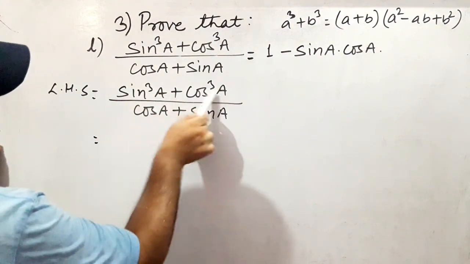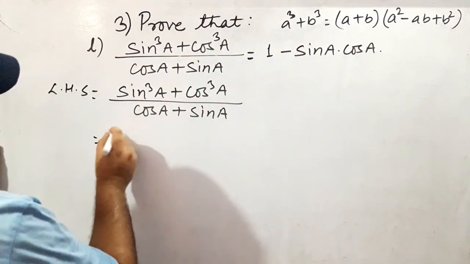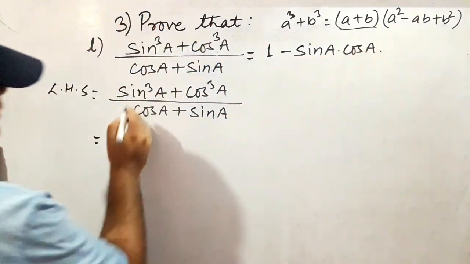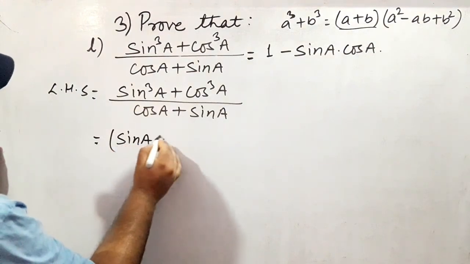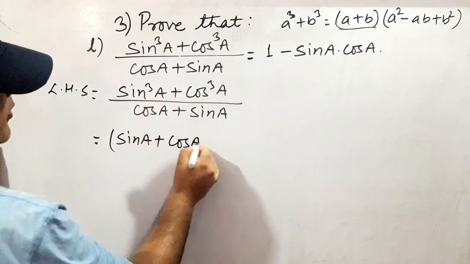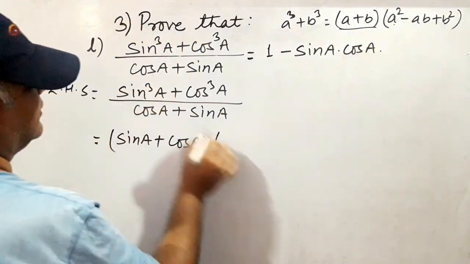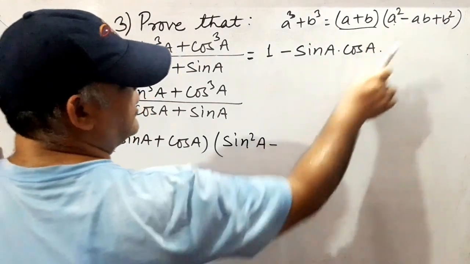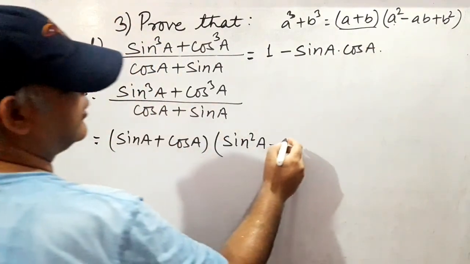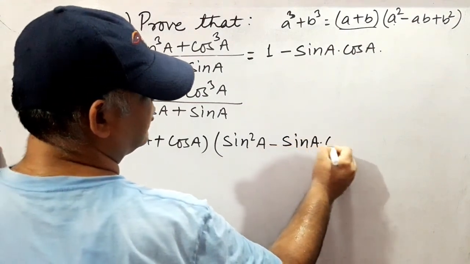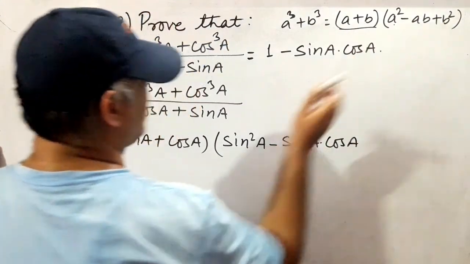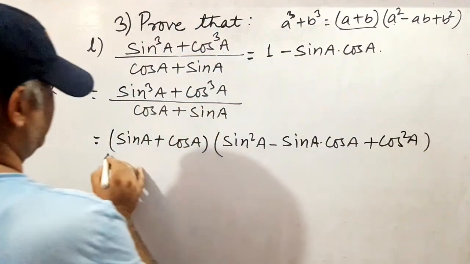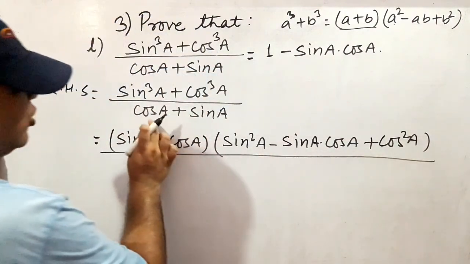So let's write it in the formula of a^3 plus b^3: a plus b, that is sin A plus cos A, into a squared, that is sin^2 A, minus ab, that is sin A into cos A, plus b squared, that is cos^2 A, by (cos A plus sin A).